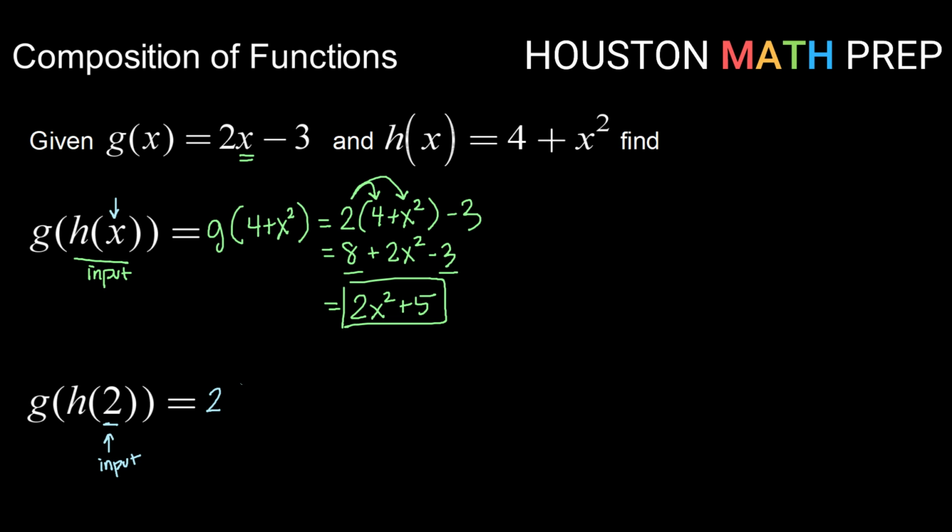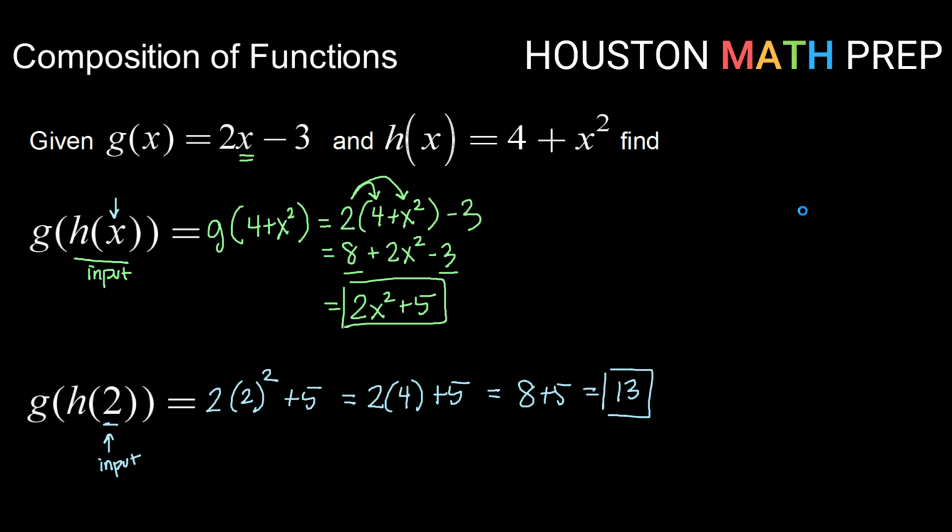So that would be 2 times 2 squared plus 5. Well, that's 2 times 4 plus 5, or 8 plus 5, or 13. So in my function g of h of x, when x is 2, y is 13.